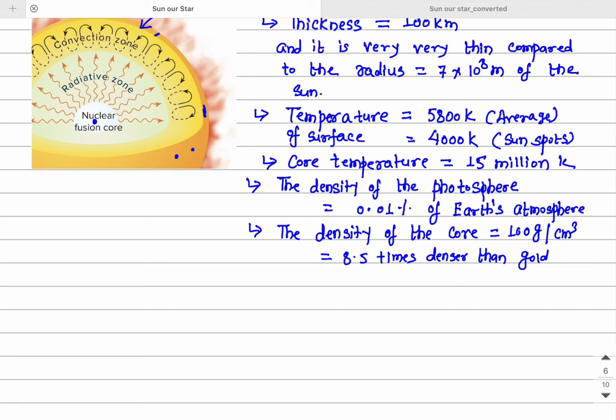So compared to the core, the photosphere is very, very less dense.